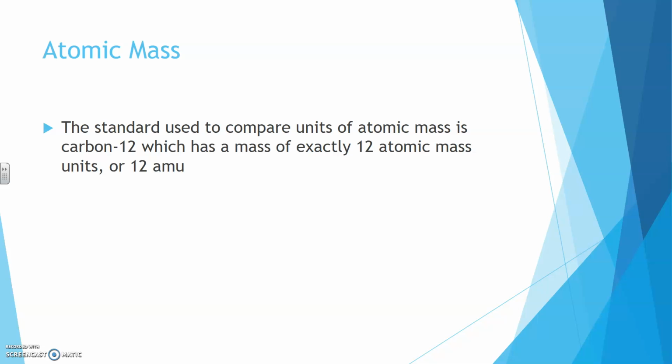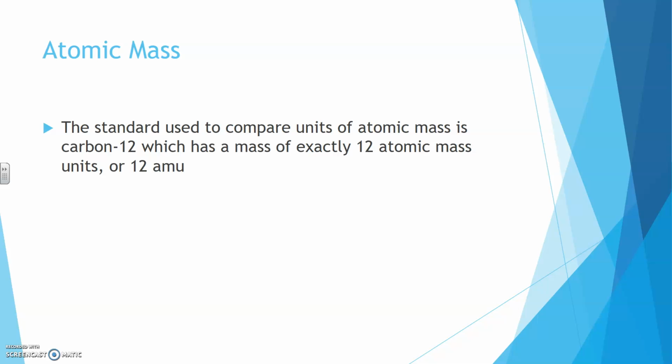Okay, but instead of basing it off of any macroscopic standards such as the kilogram, scientists actually base it off of carbon-12. Okay, so you'll see that a lot, that they base a lot of stuff off of carbon-12. It's just kind of a standard, okay, and it's a pretty good standard.